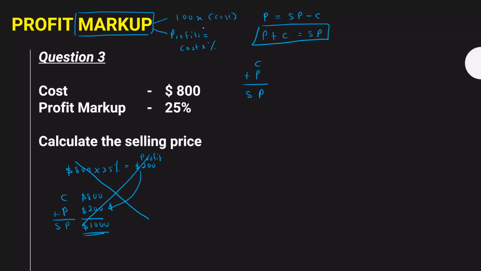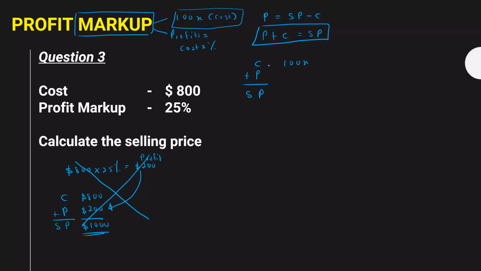First thing you have to remember when you are using the markup method: always assume your cost as 100x. So I am asking you a question. If your cost is 100x and your profit percentage is 25%, how much should your profits be?